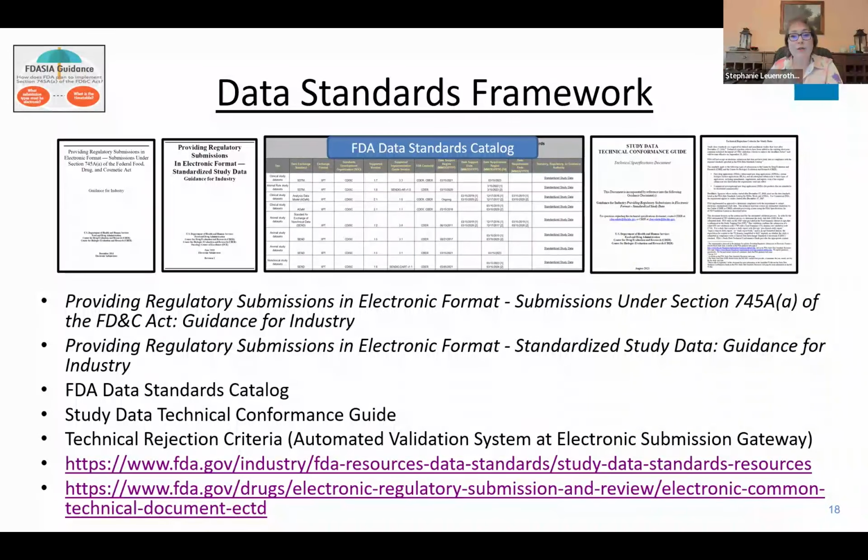And we even have information in there around something that's known as the technical rejection criteria, which is an automated validation that happens when data sets and study reports are submitted to the agency through our electronic gateway. So my point is there's a lot of information here. It started back even pre-2014, and here we are today, and SEND has been absolutely wonderful for us, and we're able to use it in a lot of different ways.